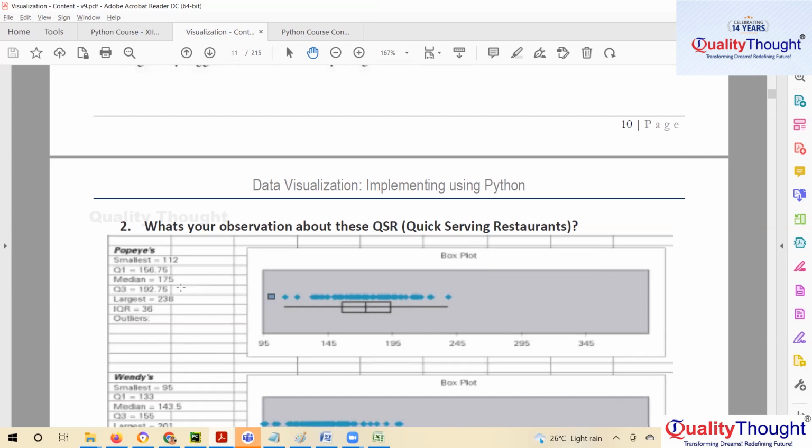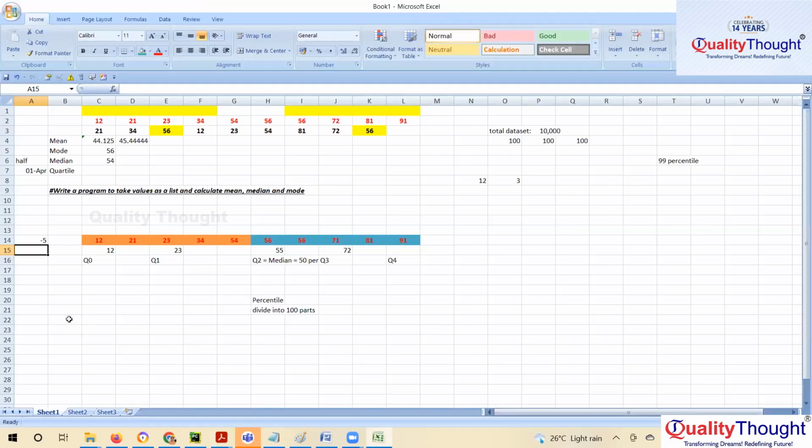Okay, IQR stands for interquartile range. So you have two values here, range and IQR.